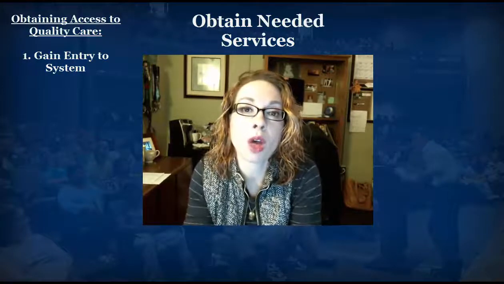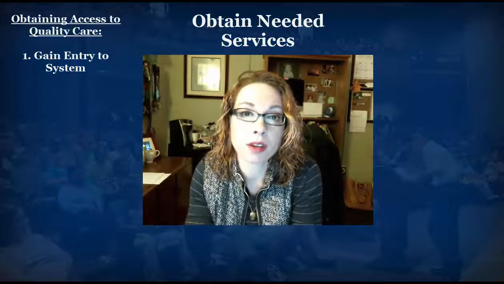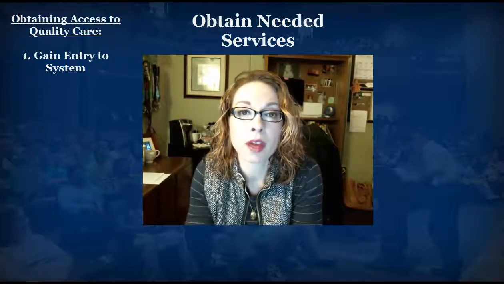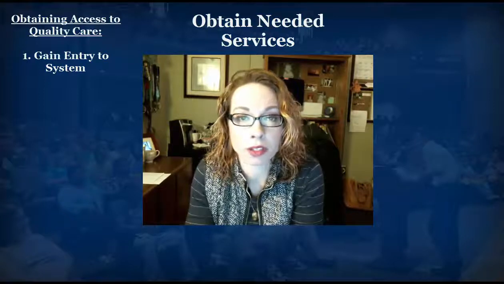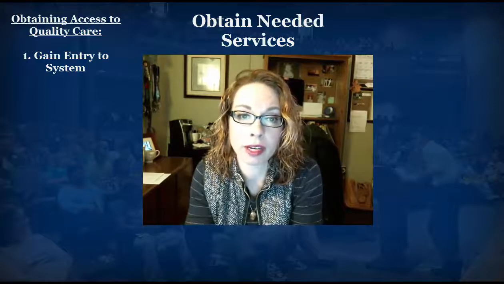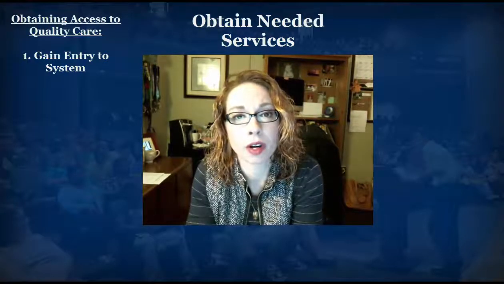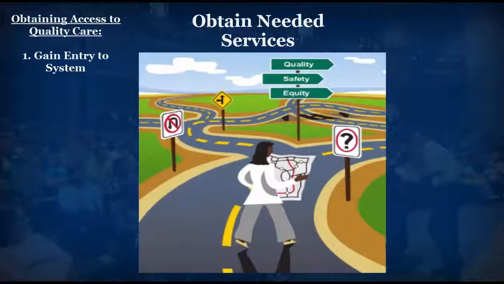So for example, we may live in a rural community, we're in the healthcare system, but we need some form of oncology service that is not offered in our area. So now we have to start down this road of trying to find appropriate, convenient, and needed oncology services for this particular type of specialty care that we need.